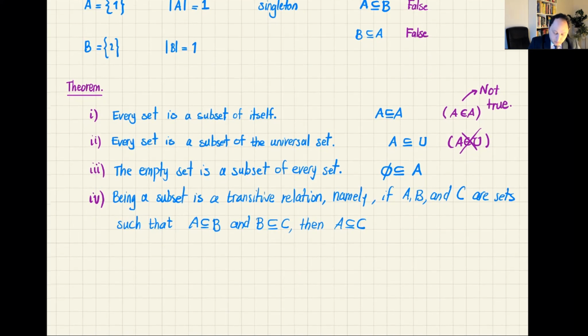And the last one, we'll talk about it later. So number 5 is not that clear yet, but the number of subsets of a set is clear if the set is finite.